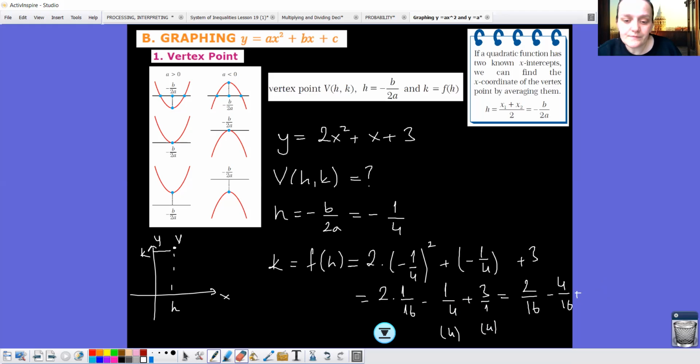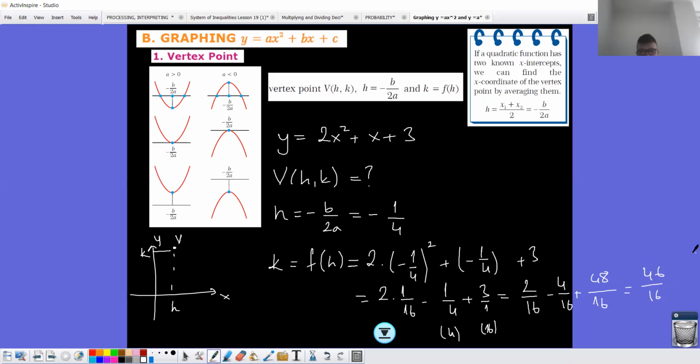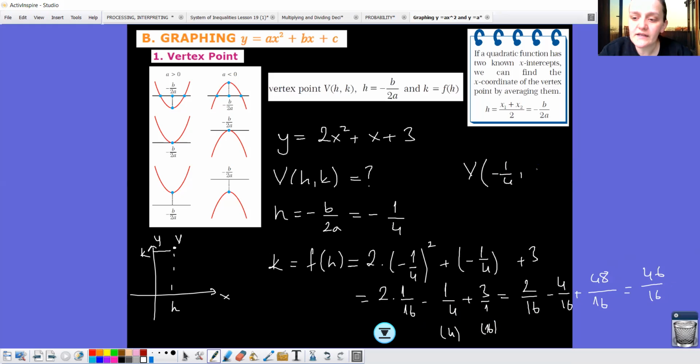So I'm trying to find the h here, which will be 16 times 3, 30, 16. So I have 2 minus 4, it's minus 2 plus 48 will be 46 over 16. You can do the equations here if you can. Then your vertex point will be minus 1 over 4 and 46 over 16.